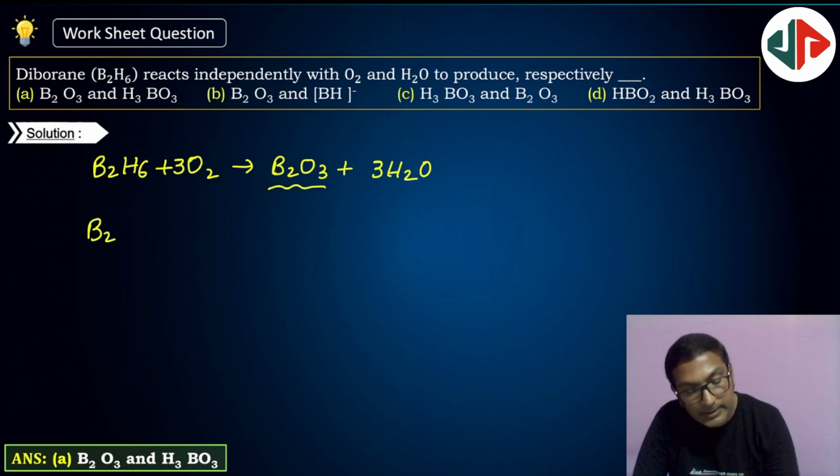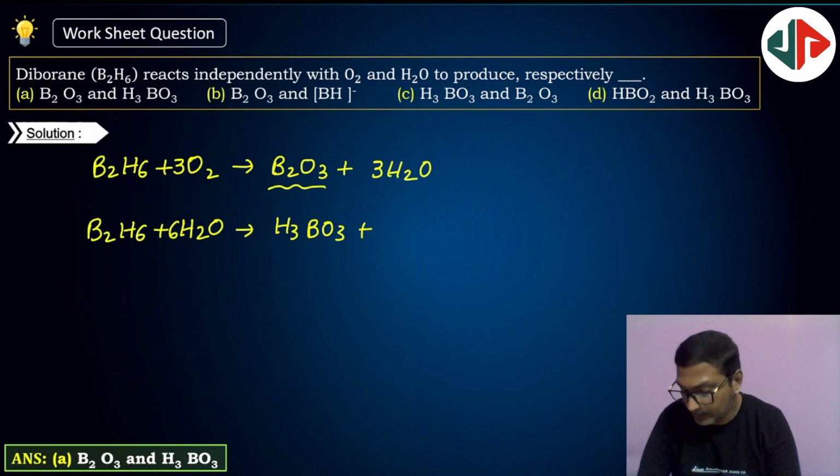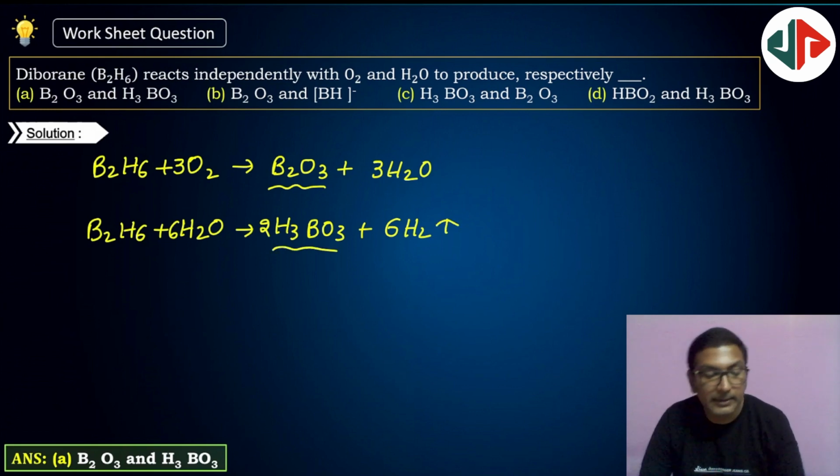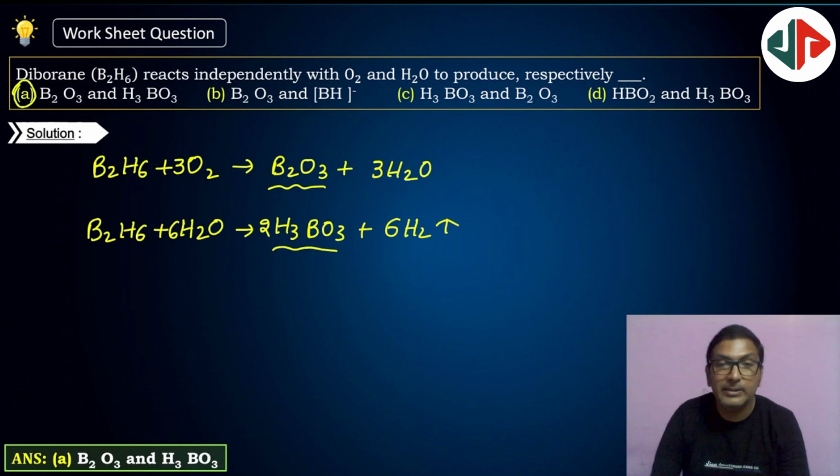Next, B2H6 again reacts with H2O to produce, take here 6H2O, 2 moles of H3BO3 plus 6H2 gas. So when B2H6 reacts with O2 and H2O independently, B2O3 and H3BO3 will be formed. Option A. So these are chemical properties of diborane.